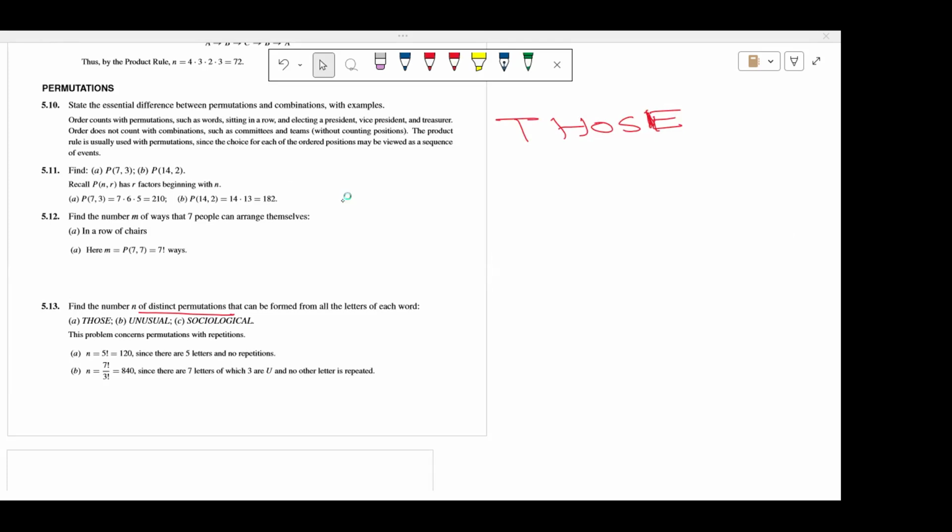For the first question A, the word is 'those'. Here, how many letters? There are 5 letters. N is equal to 5.